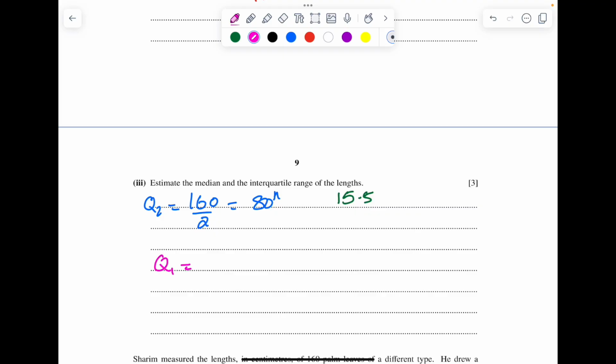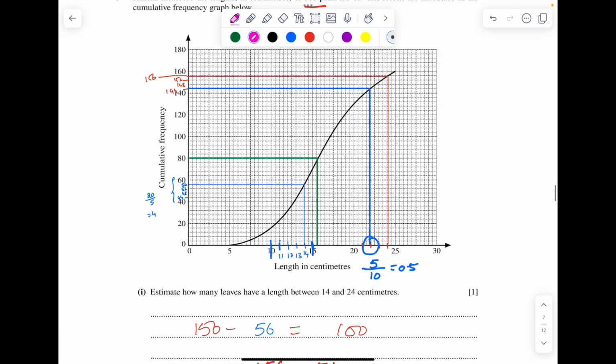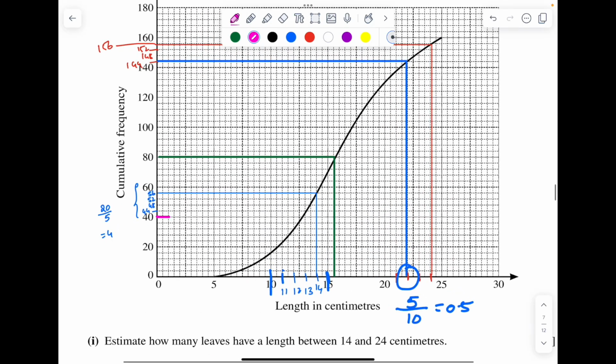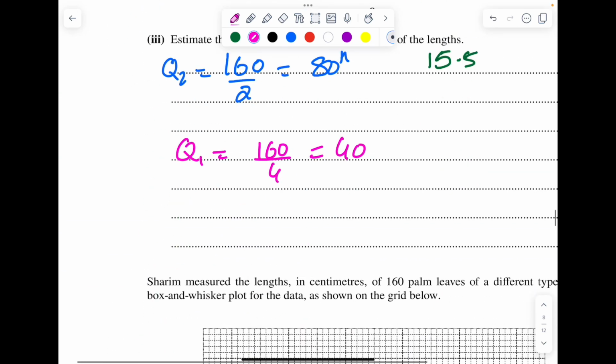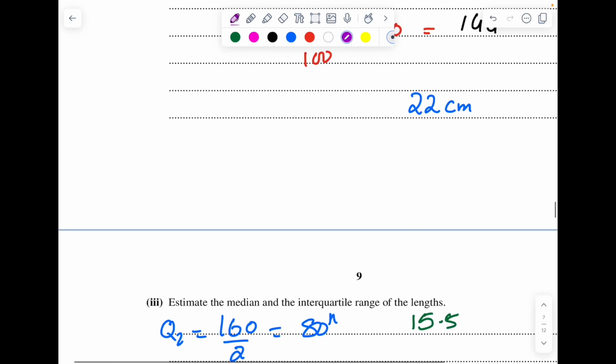Now Q1. For Q1, what am I going to do? 160 divided by 4, which is 40. So from 40, draw the line, hit the graph and bring it down. It may be 12.6. Then Q3 is 3 times 160 divided by 4, which is 120.